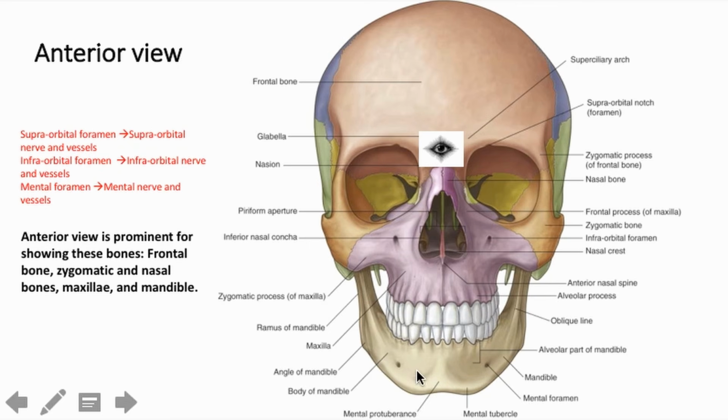And then you also have the alveolar part of the mandible, and alveolar always kind of means in this area related to the teeth. And then we already talked about the mental foramen. So that's the overview of the anterior portion of the skull. There's many other parts to this that I didn't mention in detail. Just make sure that you know them well.